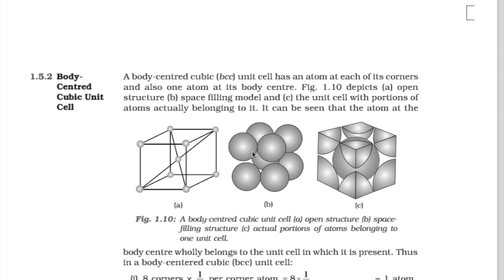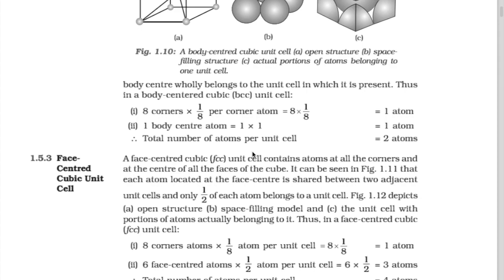So, in a body centered unit cell, the contribution of particles present at the corners will be as follows: there are 8 corners, and the contribution of the atom present at each corner will be 1 by 8.